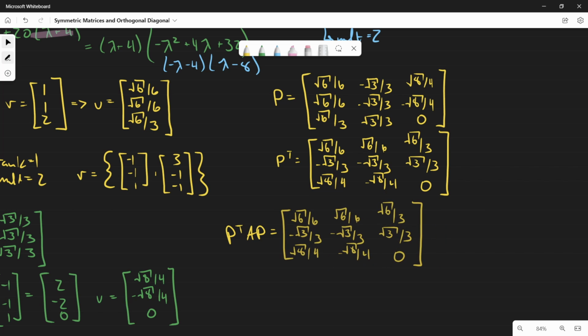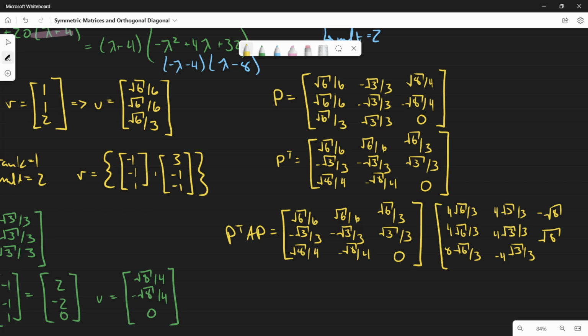And then the second one, when you multiply it out, you will get 4 root 6 over 3, 4 root 6 over 3, and then 8 root 6 over 3, and then 4 root 3 over 3, again 4 root 3 over 3, then negative 4 root 3 over 3, this would be negative 8 root 8, and 0.